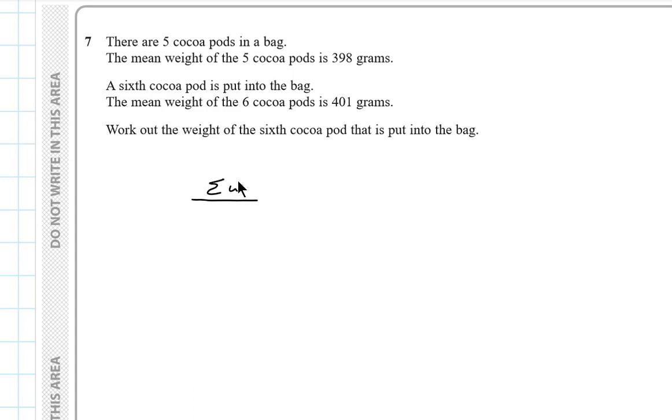So the sum of these 5 cocoa-pods divided by their number, which is 5, gives us 398, right? By this way we can get the sum of all these 5 cocoa-pods, from 1 to 5. It will be 398 times 5, right? 5 times 398. It's very clear, right?